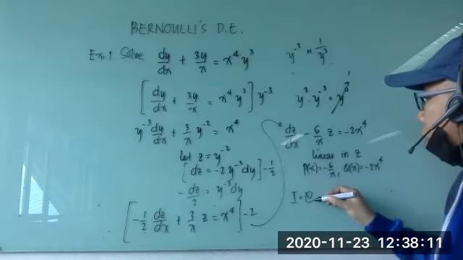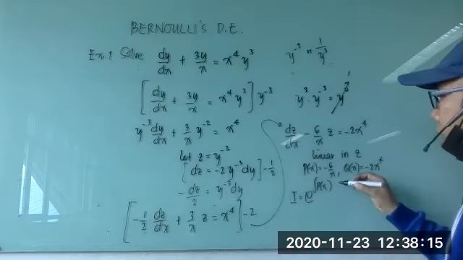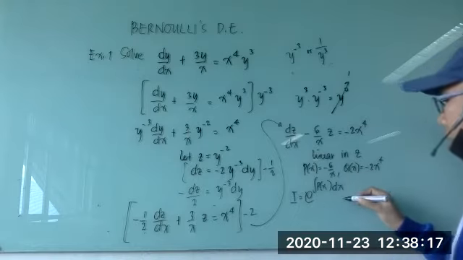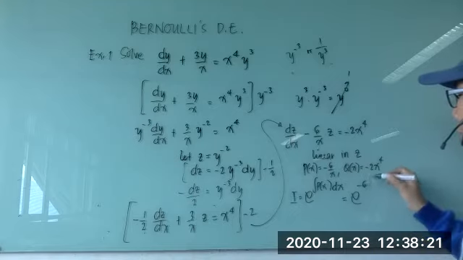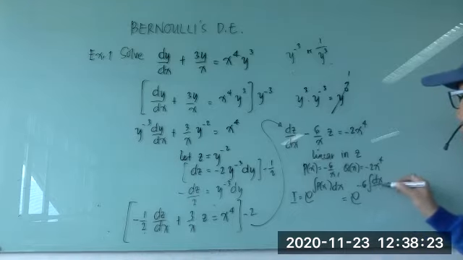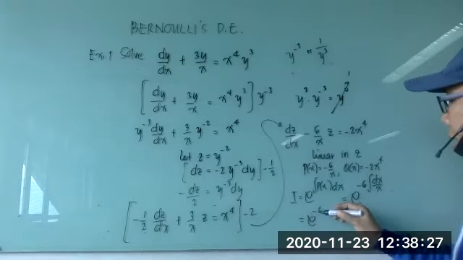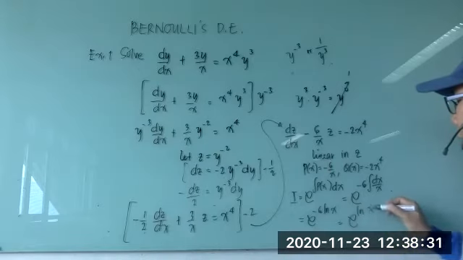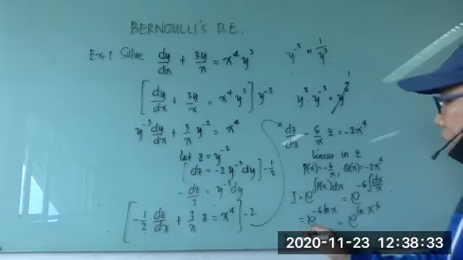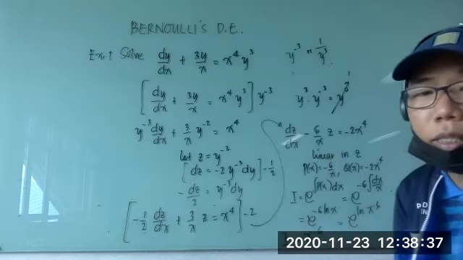So e raised to the integral of p as a function of x times dx equals e raised to minus 6 integral of dx over x. This becomes e raised to negative 6 ln of x, or e raised to ln of x raised to minus 6. So the integrating factor is x raised to negative 6.